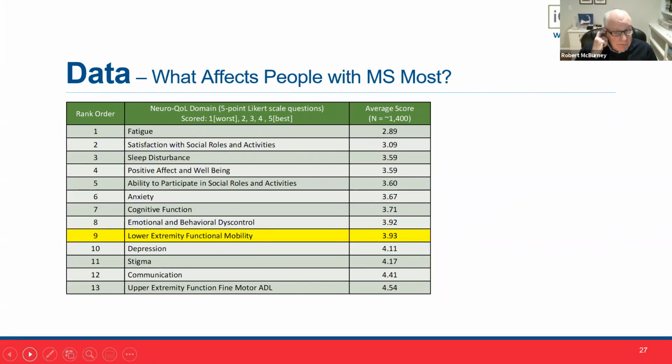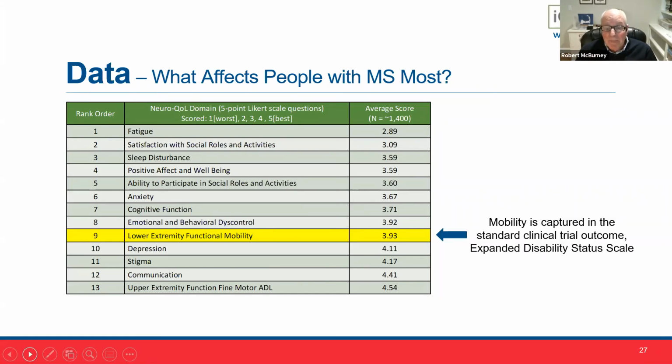Now, the interesting thing, if you would click on the slide, is that mobility is one of the standard clinical trial outcome measures. It's something called the Expanded Disability Status Scale, which only focuses really on mobility, despite its name.